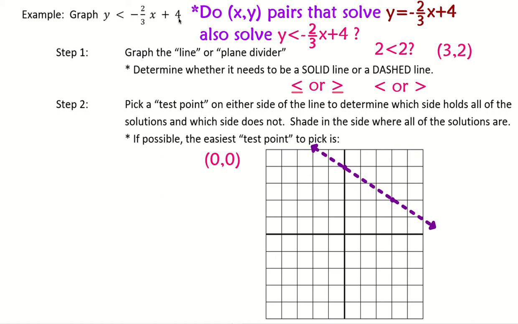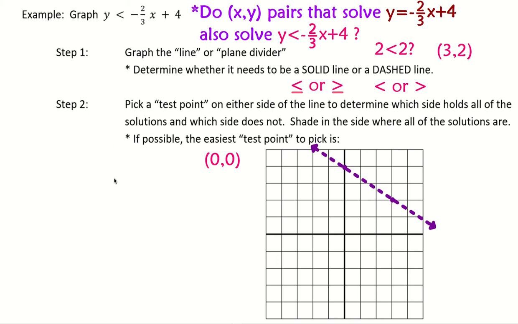But again, as long as it is in mx plus b form, just look at the symbol. And this is where you've got to write this down carefully: if it's a less than or equal to, anything involving less than, you're going to shade below the line.